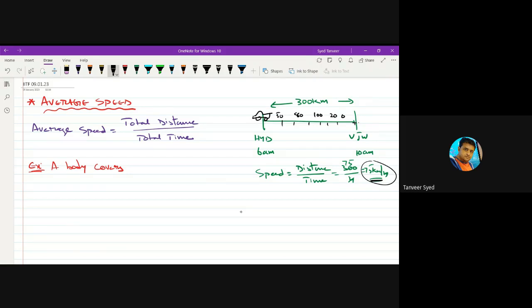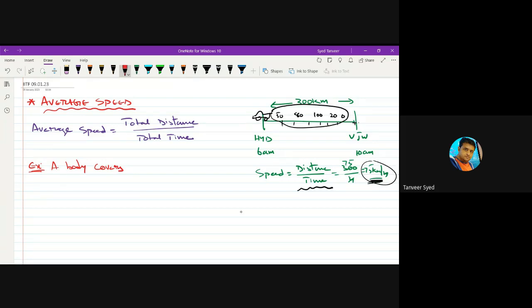Like this, you are covering different distances with different speeds throughout your journey. The average of all these speeds is what we are getting when you write distance by time. That is the speed you are calculating using the formula distance by time. It is average speed.